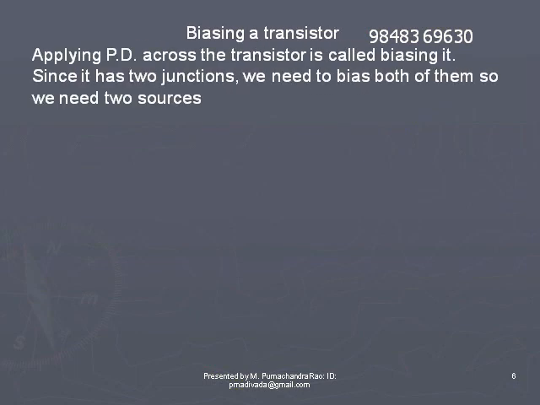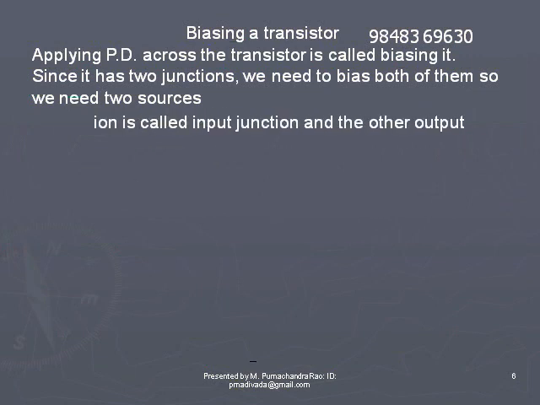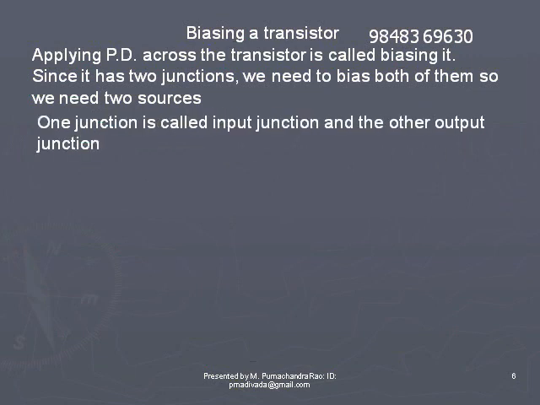Biasing a transistor. Applying a potential difference across a transistor is called biasing it. Since it has two junctions, we need to bias both junctions. So we need two sources. One junction is called the input junction and the other is called the output junction.